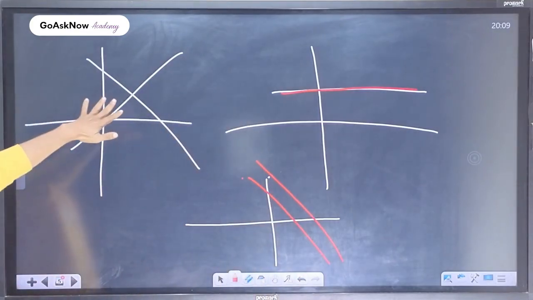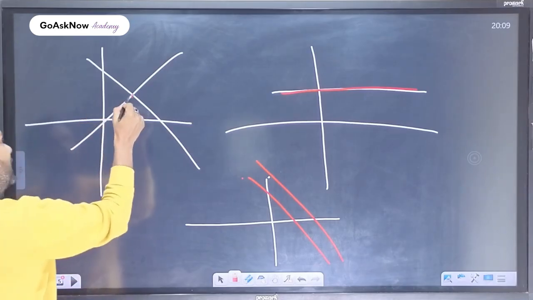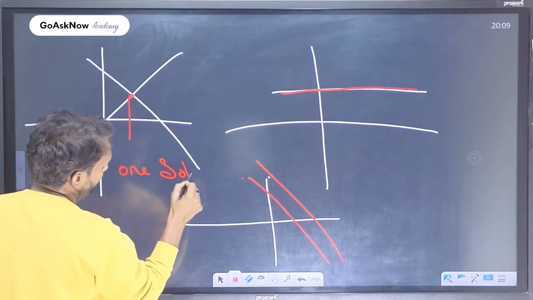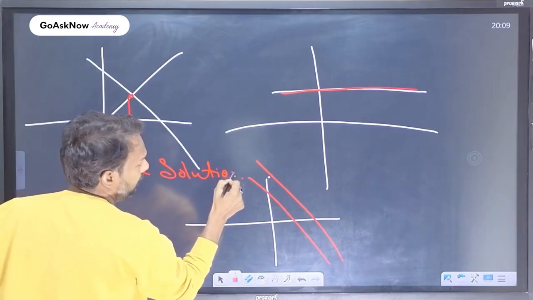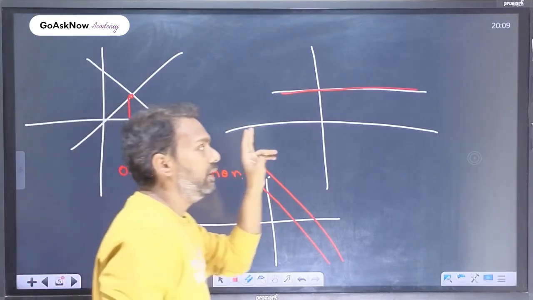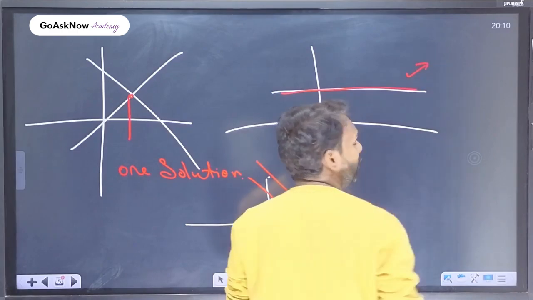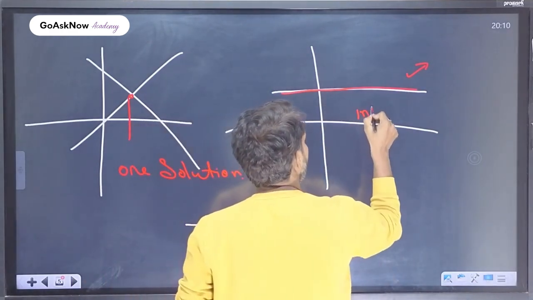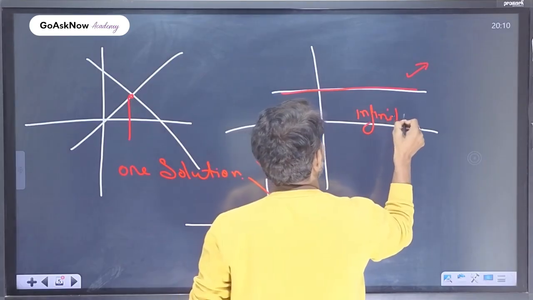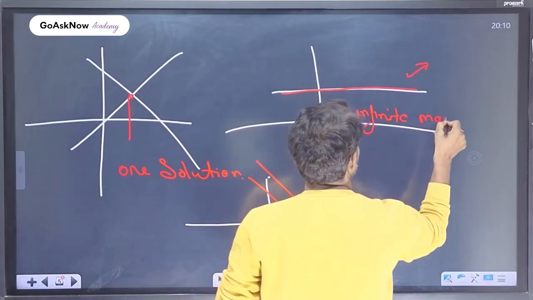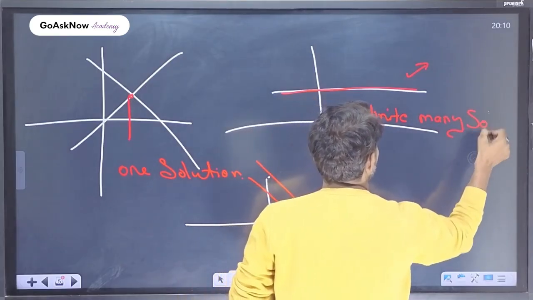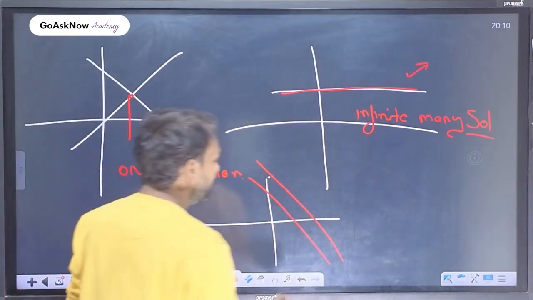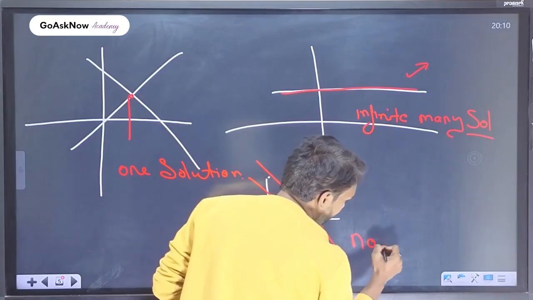When we see intersecting lines, it means that it has one solution. If two lines are coincident to each other, then we say it has infinitely many solutions. And if lines are parallel to each other, then we say they have no solution.